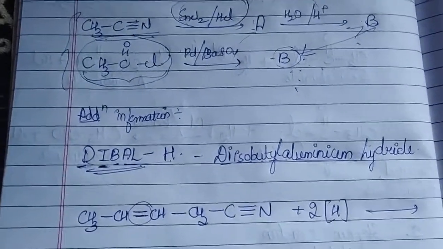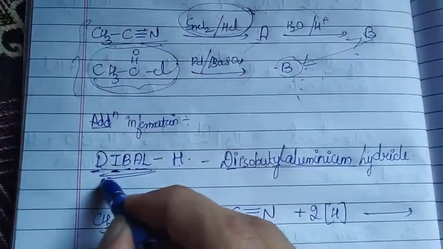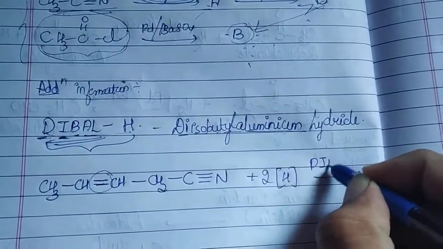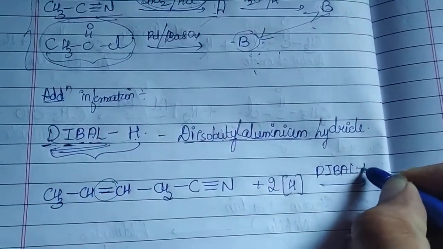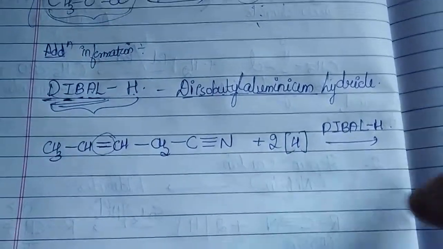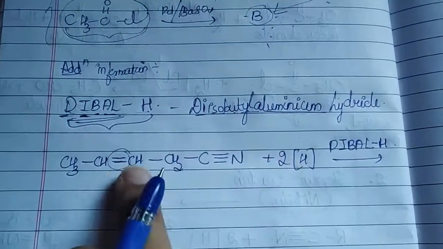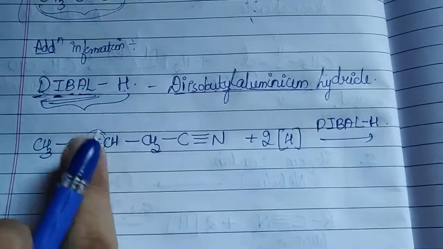So in that scenario, instead of using stannous chloride in HCl, I utilize my DIBAL-H. When I am using DIBAL-H, it is only going to reduce your nitrile group, and it is having no effect on this C=C double bond.